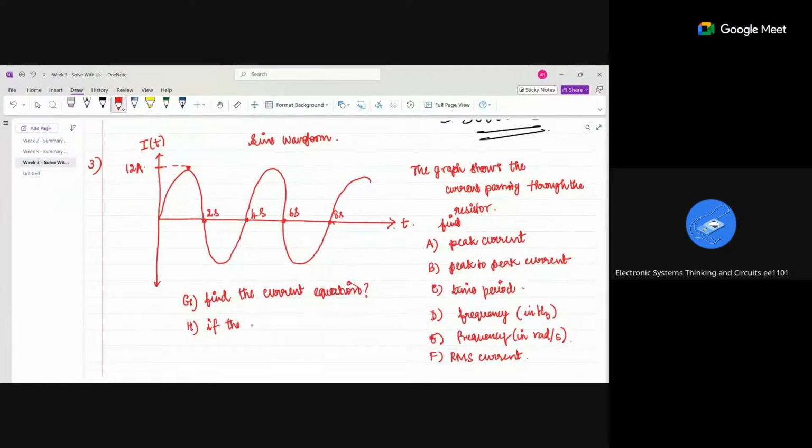Then you have to find the current at time t is equal to 1 second or maybe 0.5 second, because finding it at 1 second is easier.